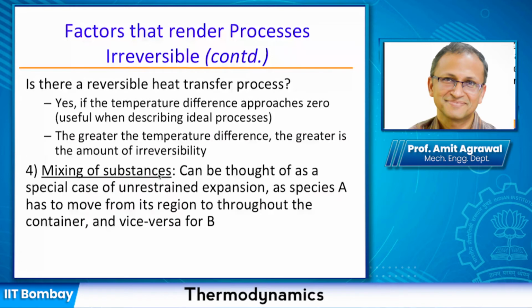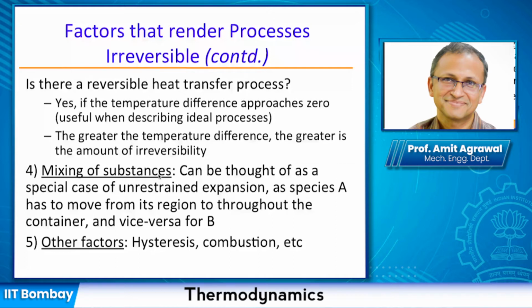Now let us move ahead to the fourth important factor that leads to irreversible things. The fourth turns out to be mixing of substances. Mixing of substances is inherently irreversible. To see that, you can go back to the example of expansion of a gas.